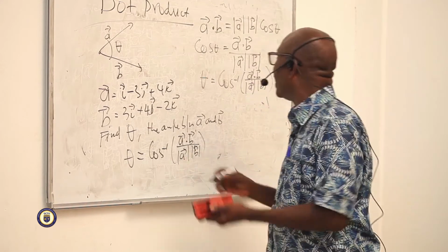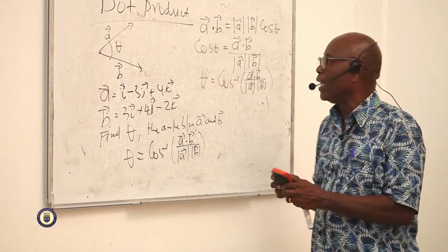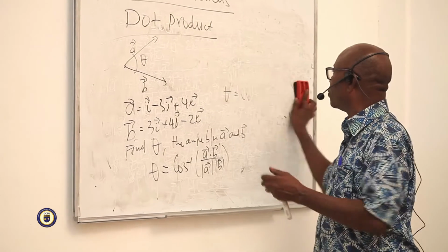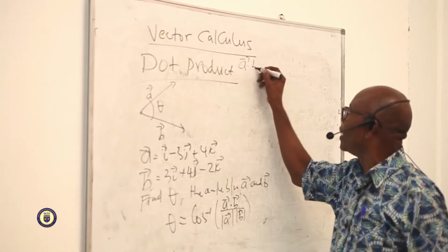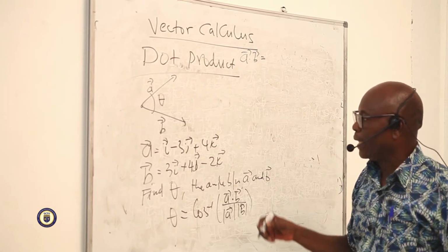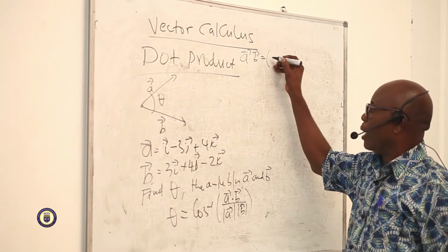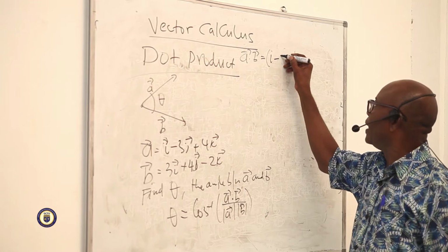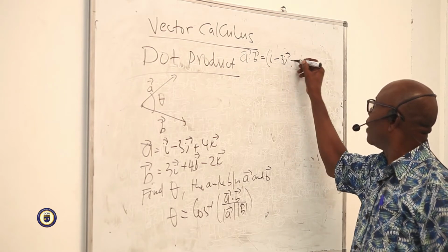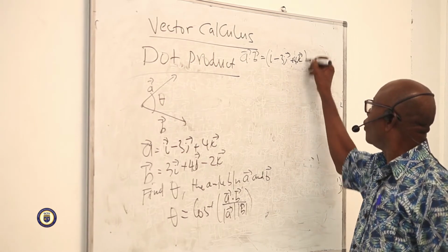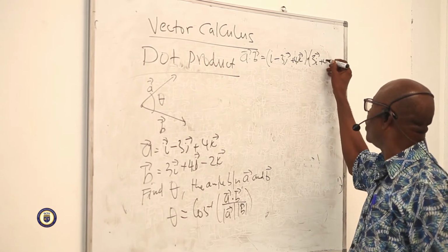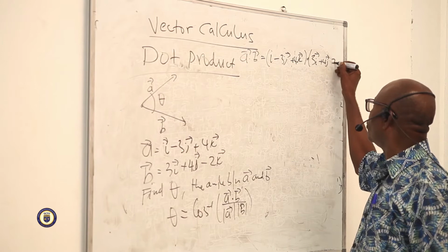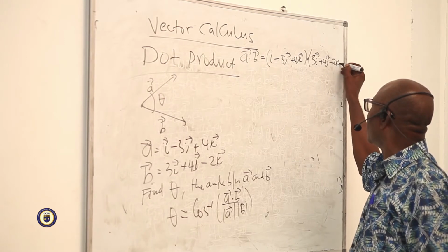So quickly find A dot B. A dot B is i minus 3j plus 4k dot 3i plus 4j minus 2k.